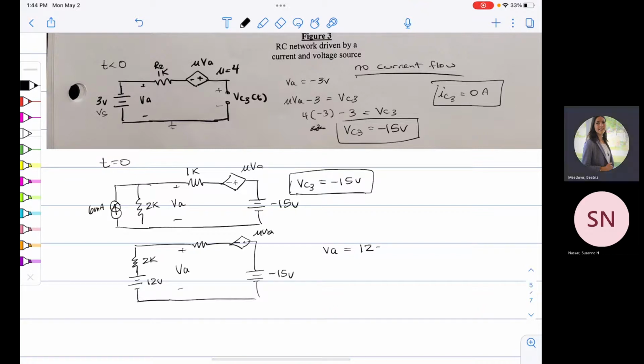So it'd be 12 minus 2K times our current, right? So now we have to find our IC3, right?